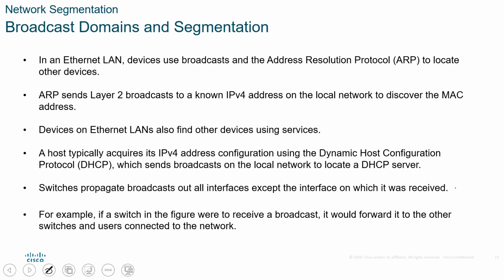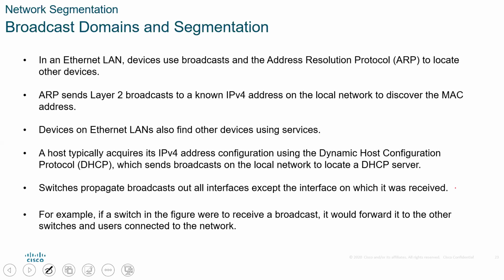Okay, so an Ethernet LAN device uses a broadcast and the Address Resolution Protocol to locate other devices. That is what it uses. All right, so ARP sends a layer 2 broadcast to a known IPv4 address on the network.